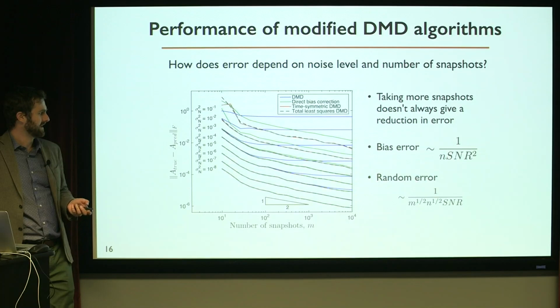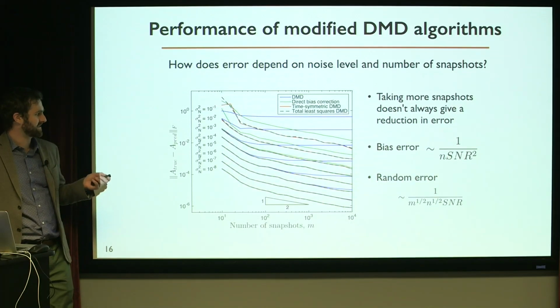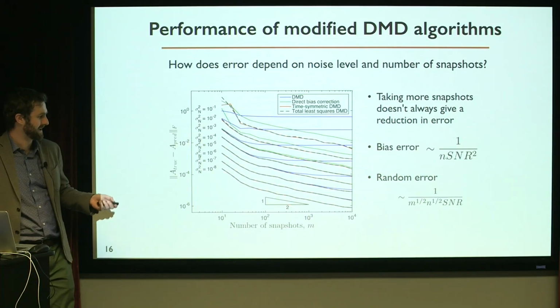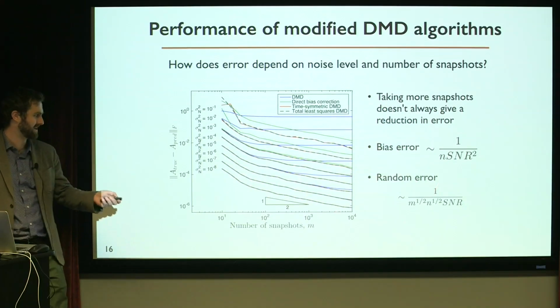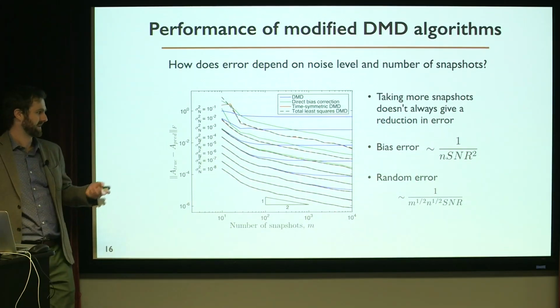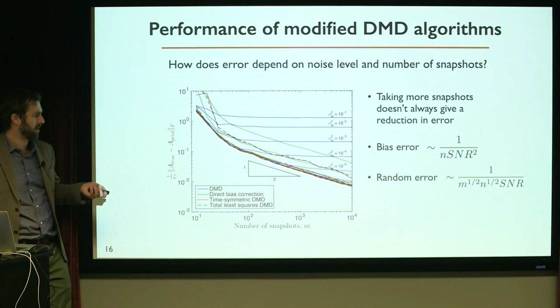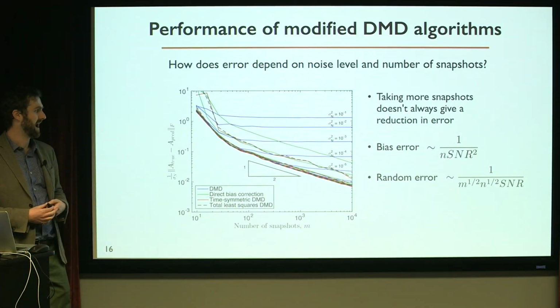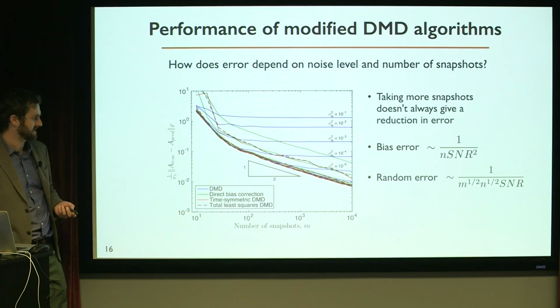However, if we apply our bias-free alternatives, then we recover this one over the square root of the amount of data that you have, law of large numbers decay that we can expect to have. And this all collapses nicely following arguments that are relatively easy to make.